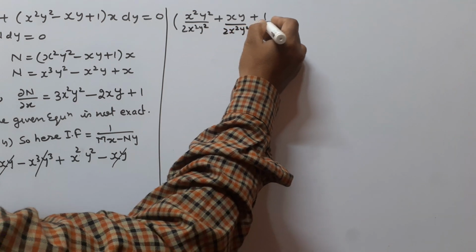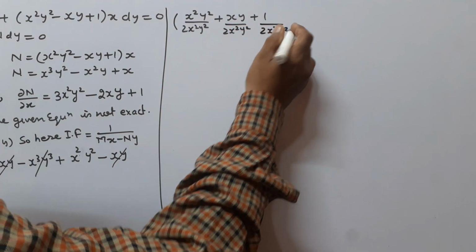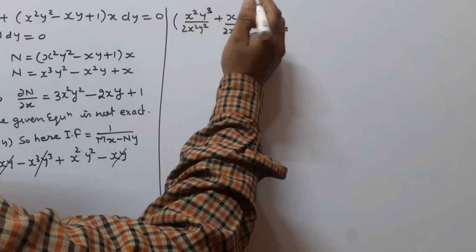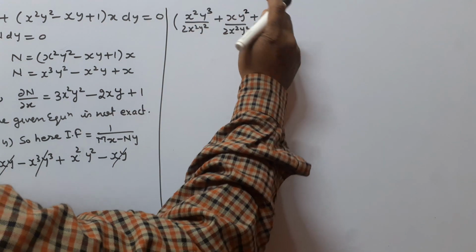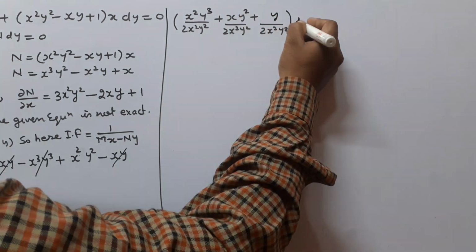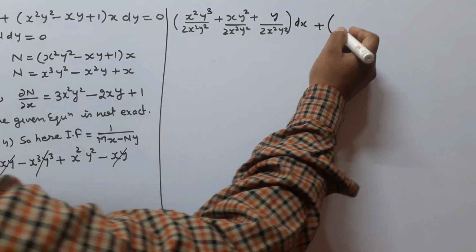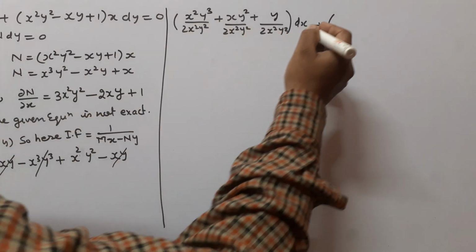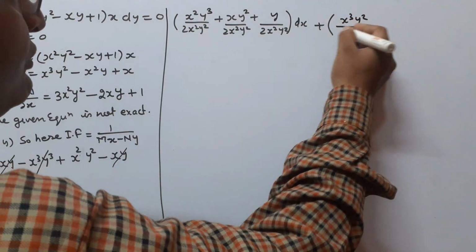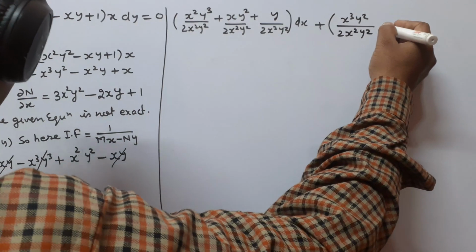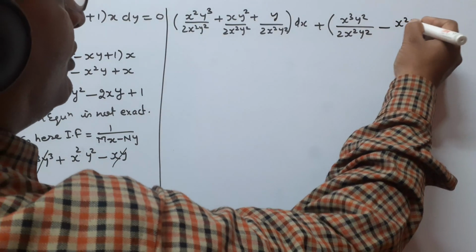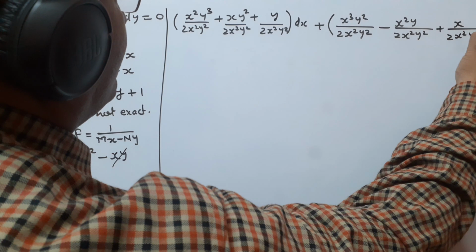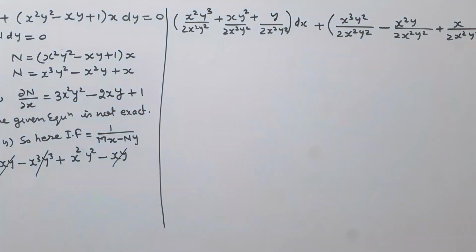Sorry, this is x square y cube, this is xy square, and here this is y. And in the second bracket we multiply 1 upon 2x square y square in n, so we get x cube y square divided by 2x square y square, minus x square y divided by 2x square y square, plus x divided by 2x square y square dy is equal to 0.